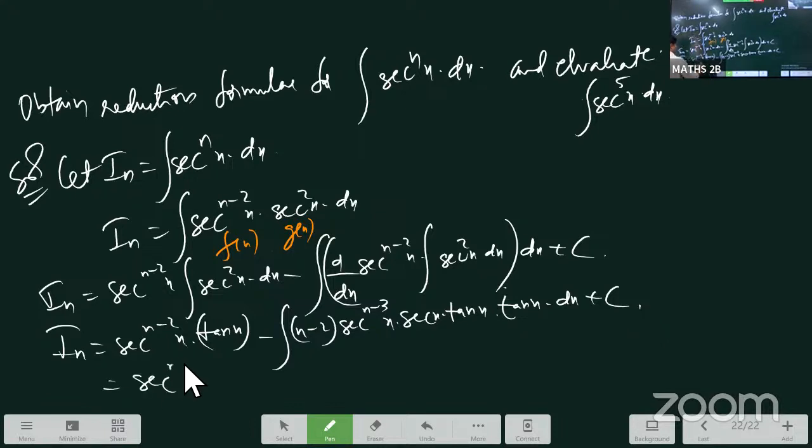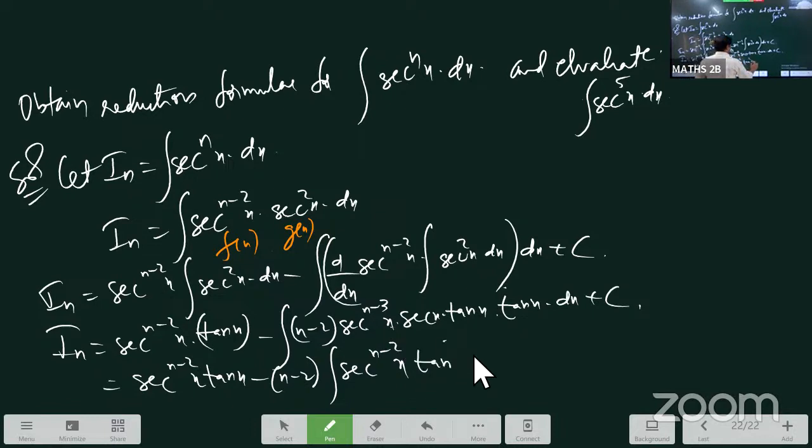So secant to the power n minus 2 x tan x minus n minus 2, write it outside. A little bit of simplification: when bases are equal, add powers. So secant power n minus 3 x into secant x is secant power n minus 2 x, and tan x into tan x is tan square x, dx.